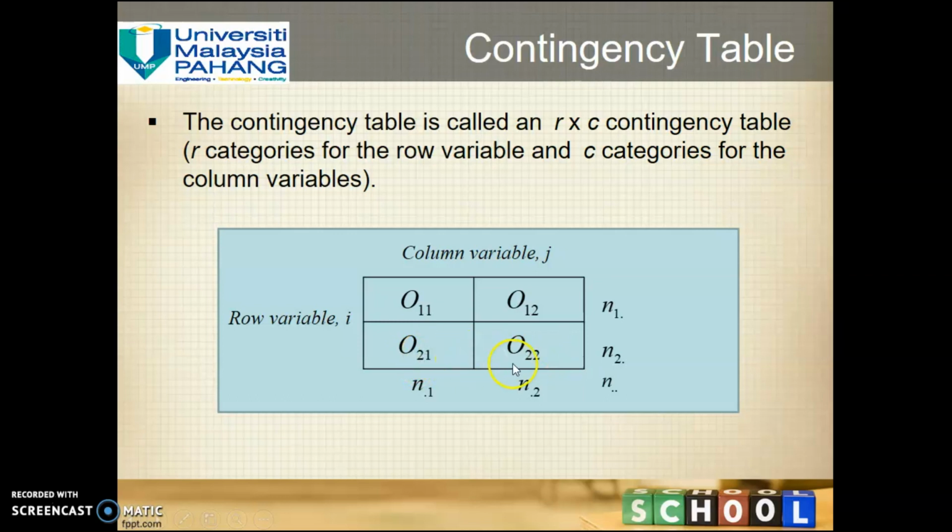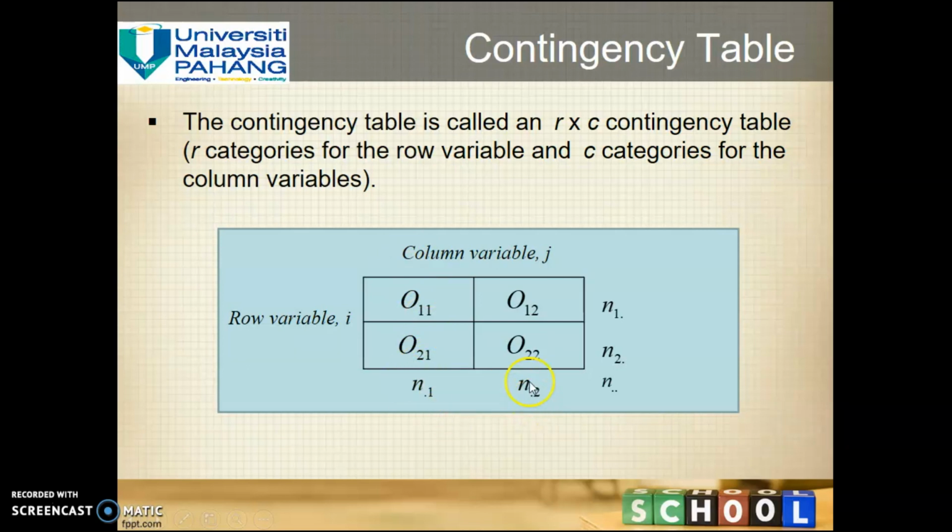O21 plus O22. In general, N dot j is the summation of each category of the column. N dot 1 is the summation of the first category of the column variable, O11 plus O21.